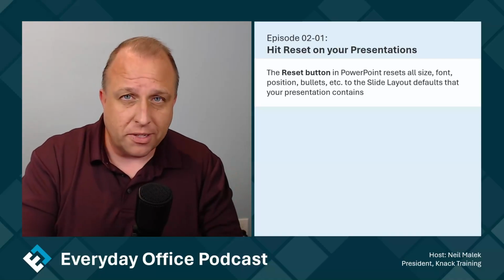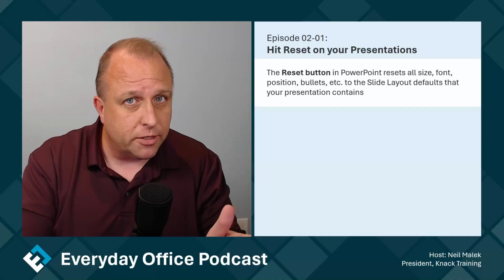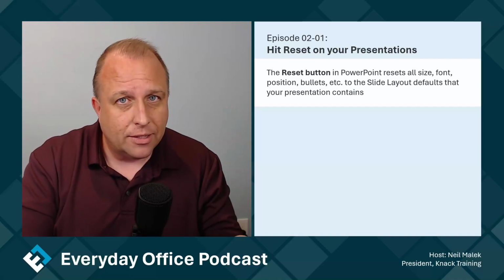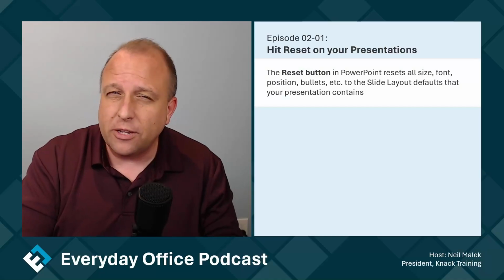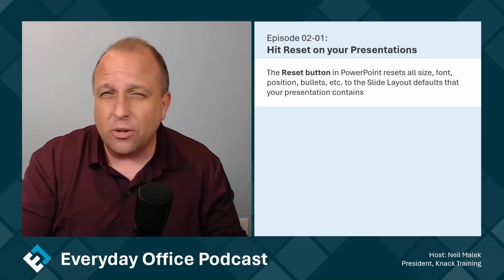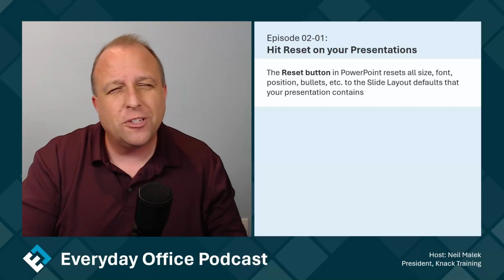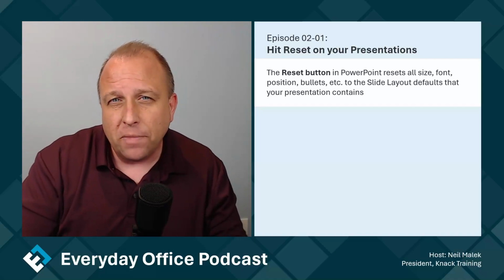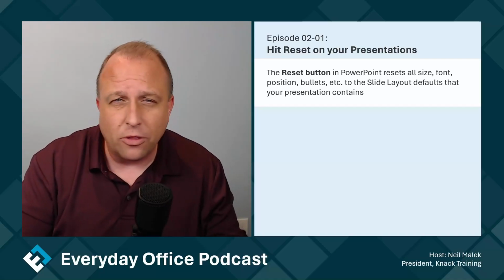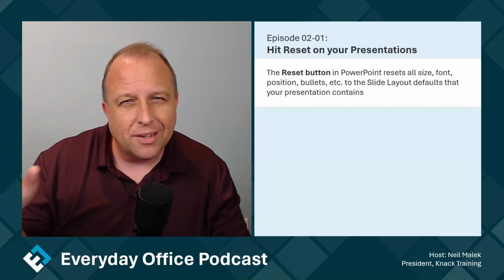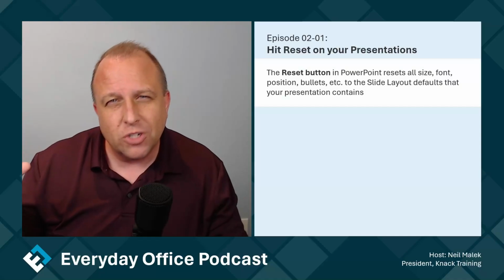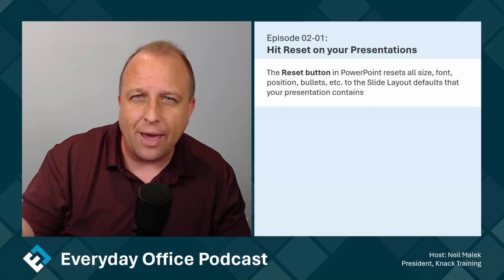You go into a presentation, and for some reason, some of your slides use a different font size than others, or they use a different bullet point, or they use a whole different font altogether, or for some reason on some slides, there are slide numbers, and other slides there aren't slide numbers, or on some slides the text box seems to slide over just a little bit.